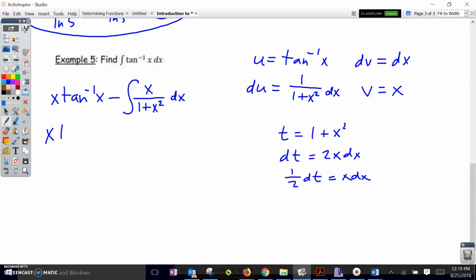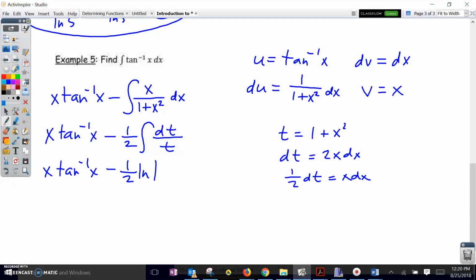So this turns into x arctangent of x minus 1/2 integral of dt over t, x arctangent of x minus 1/2 natural log of the absolute value of t plus c.